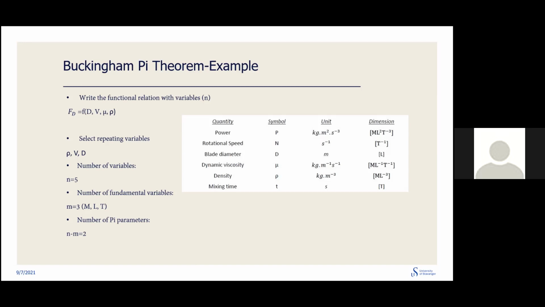In the Buckingham-Pi theorem, there are 2 series of fundamental variables: it's either force, length, time or mass, length, time. So I use the mass, length, time system, which has 3 fundamental variables here. So the final pi parameters we will get is by taking 3 out of 5, so it's 2 pi groups we will have at the end.